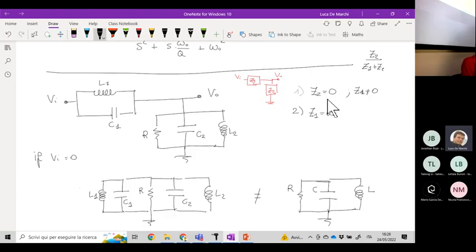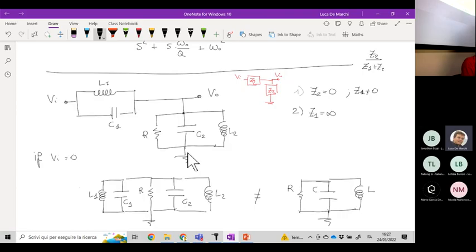When Z2 is equal to 0, we have essentially a short circuit between this node and the ground.